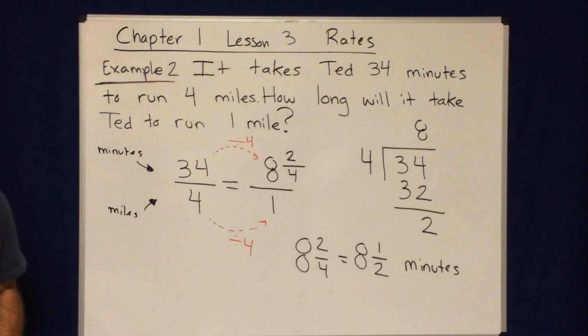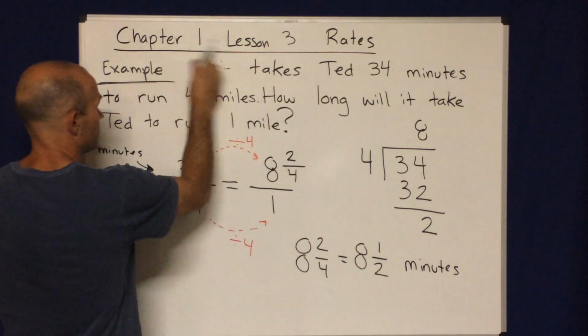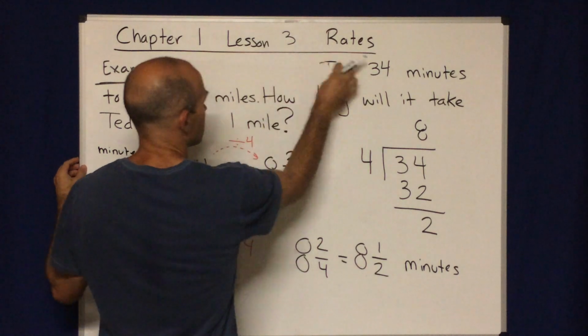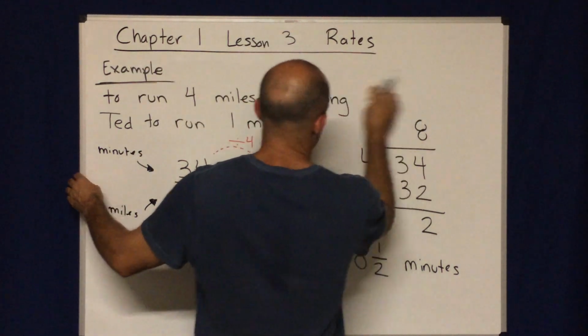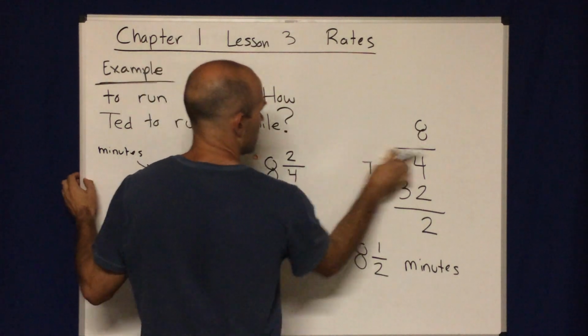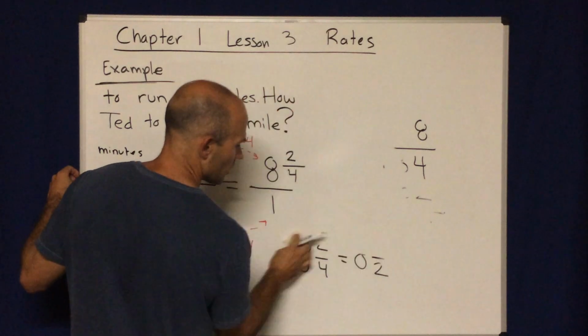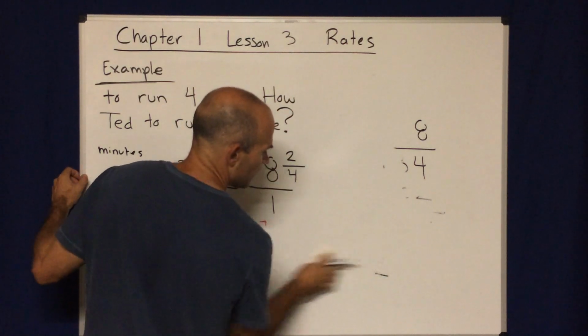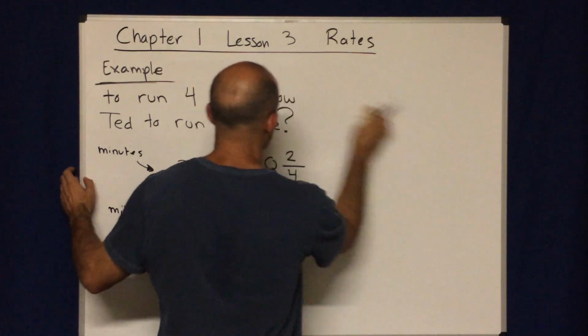So now let's move on to the third example. And in this example, we're going to be deciding what is the better buy. So we'll have 2 options for buying cans of soda. And what we're looking to do is find the option that gives me the most soda for every $1 that I spend.